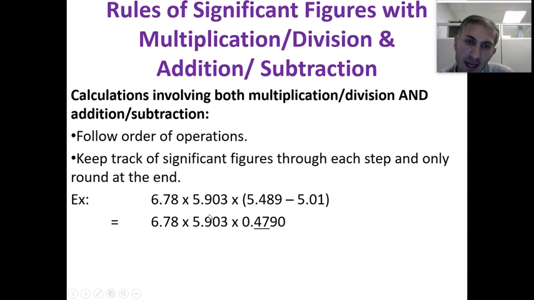Right now I have 3 numbers multiplied by each other. The rule for multiplication is fewest significant figures. So here we just need to know how many significant figures are reported in each number: 3, 4, 1, 2, because we underline only these 2. So we keep track of them here.